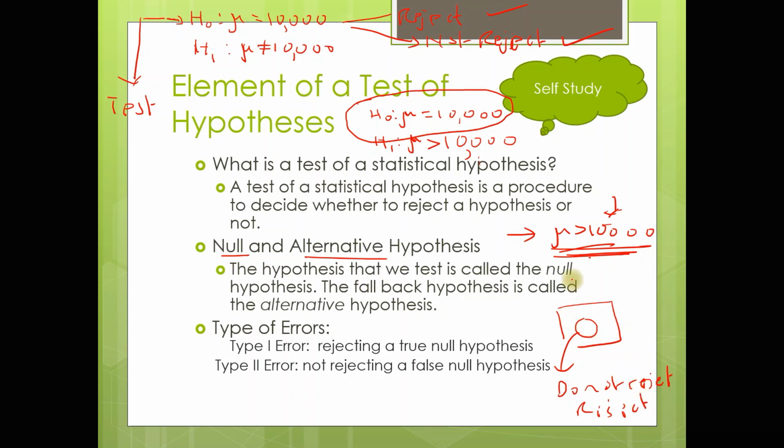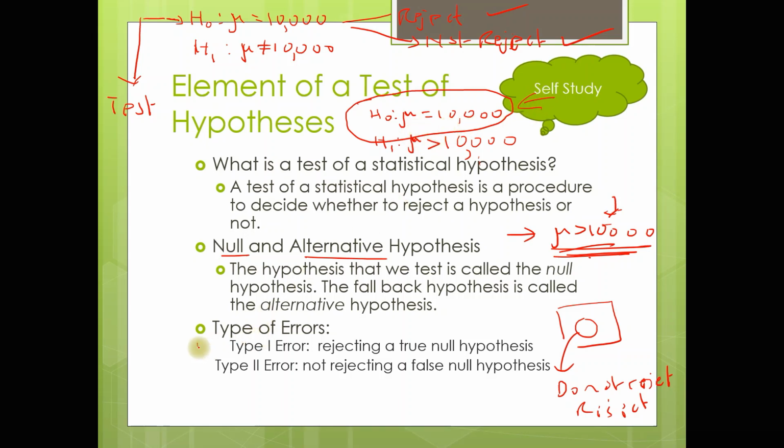That's all that is going to happen. Based on your sample, you will come to a conclusion whether you will reject or not. So your sample may tell you to reject a null which is in fact true.